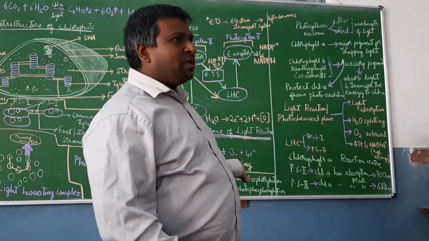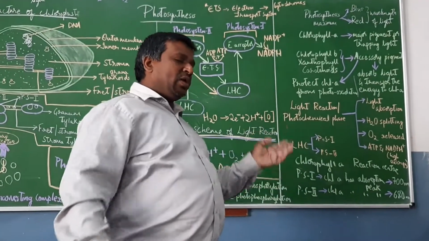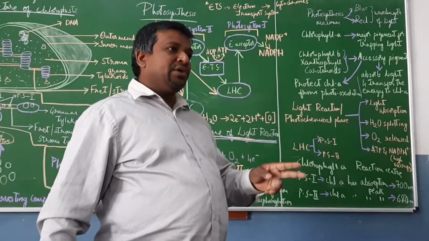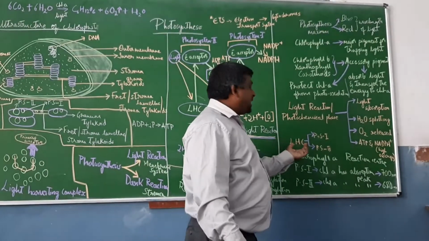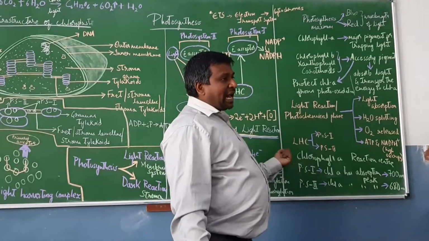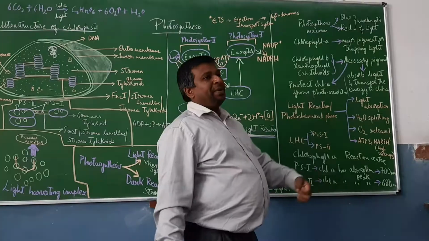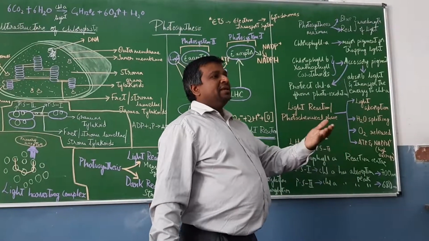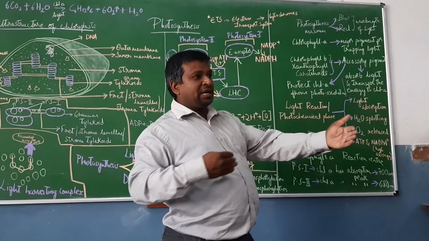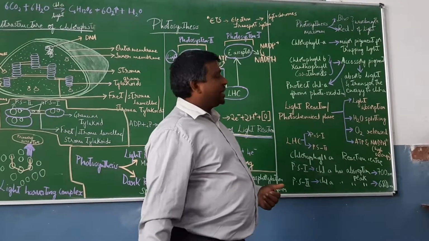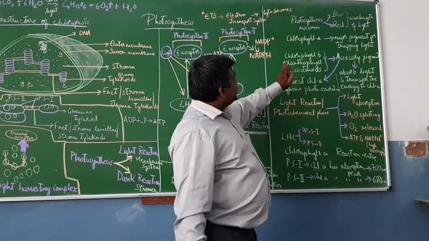Photosystem 2, apart from chlorophyll A, also has xanthophylls, carotenoids and chlorophyll B. So this is what we call the light harvesting complex. The light harvesting system contains these pigments: chlorophyll A, chlorophyll B, xanthophyll, carotenoids. Already in paper chromatography, you might have separated out all these pigments. So that is what you have to remember.